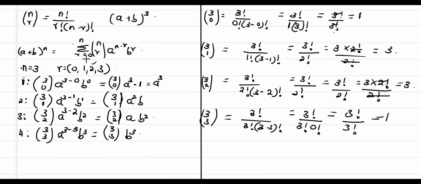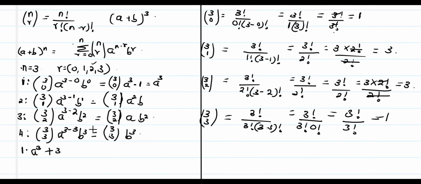So now I apply this summation here, which just means I pick the first coefficient, which was 1. I multiply by the first expansion, which was a raised to power 3, plus I pick the second coefficient, which was 3.